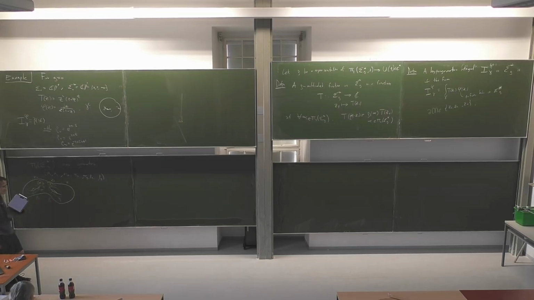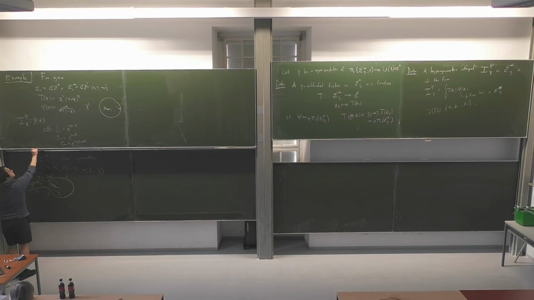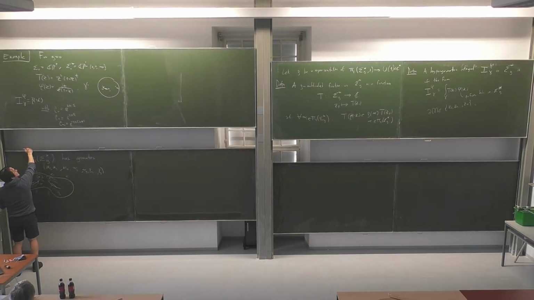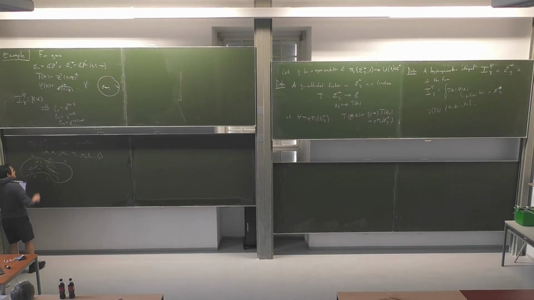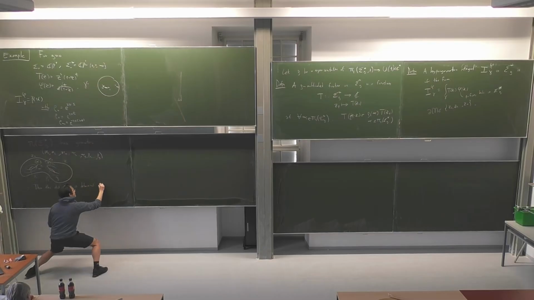There's an obvious generalization for higher genus of doing this kind of loops. Let me just put this a bit on top. Because these are generators, the data of the representation rho is determined by the generators.